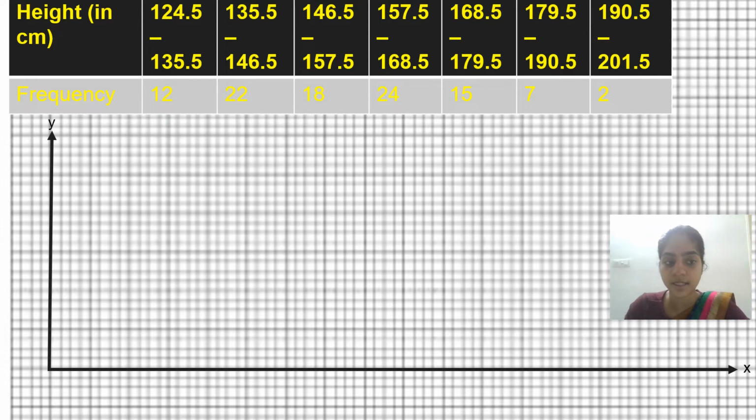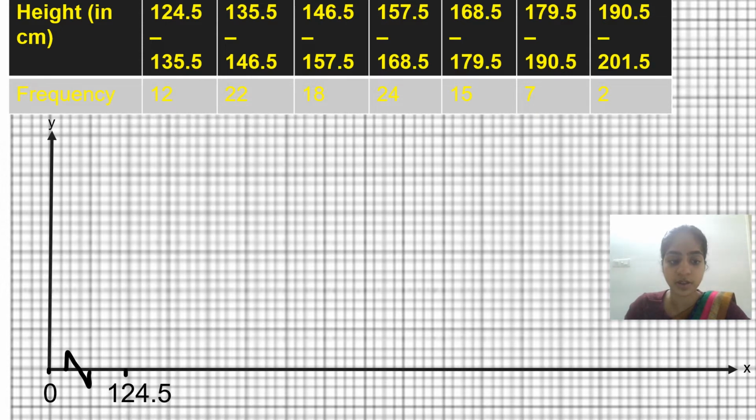We must start practicing this here itself. Once this is drawn, we move to marking 0. After 0, we put a kink. The zigzag symbol which is put up on the board is called a kink. This is put up when the class intervals do not start from 0. Here the class intervals start from 124.5, hence a kink is used.